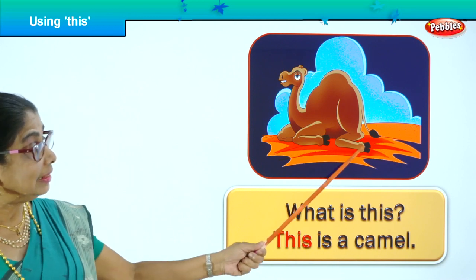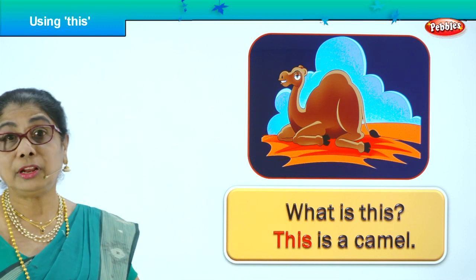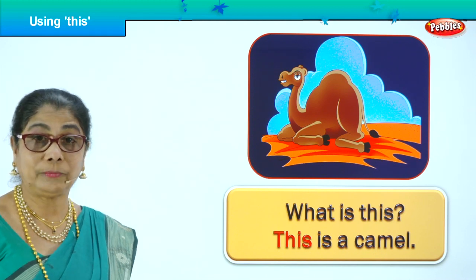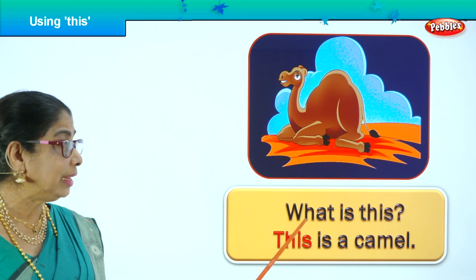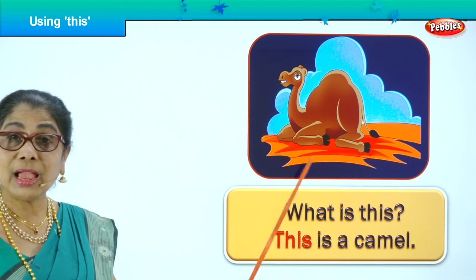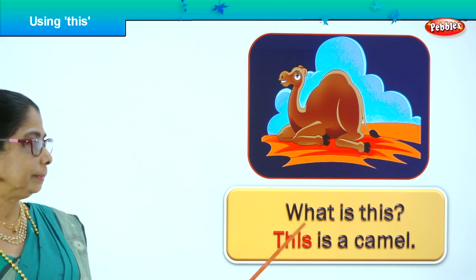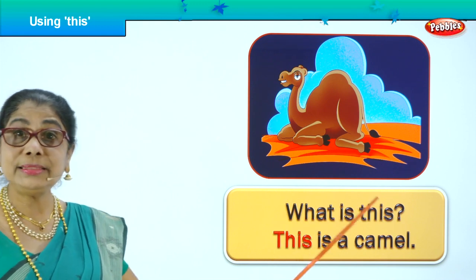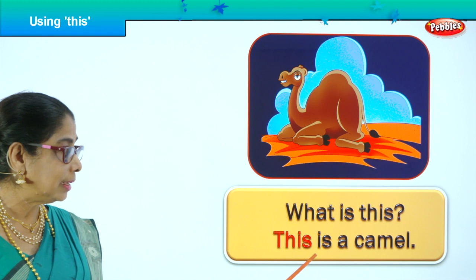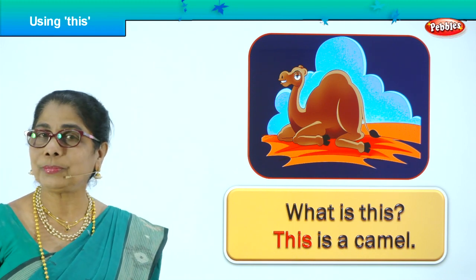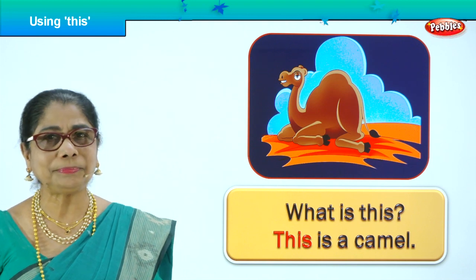He has feet like this and he can travel long distances without even eating or drinking. We are learning to read the question, answer the question, and the use of "this" in the sentence. Read with me. What is this? This is a camel. Good.